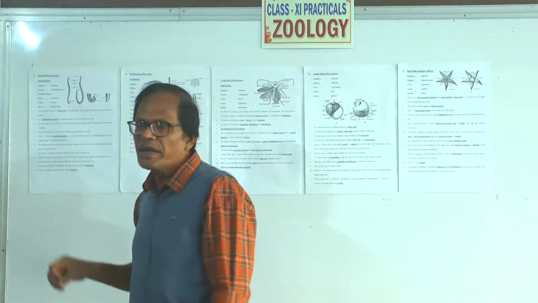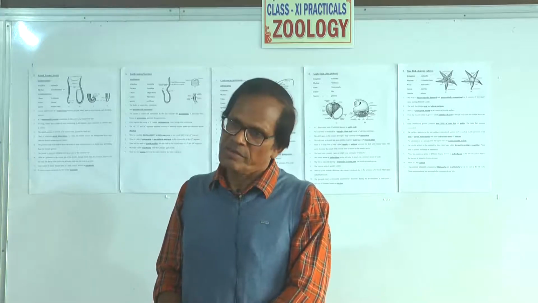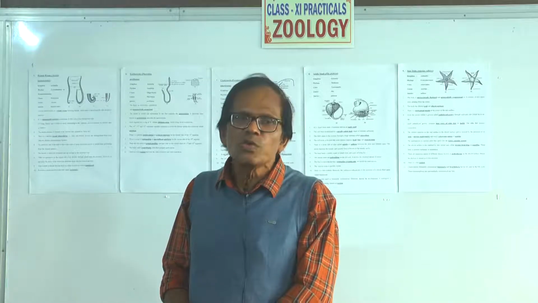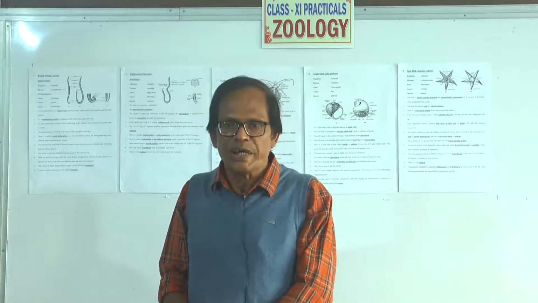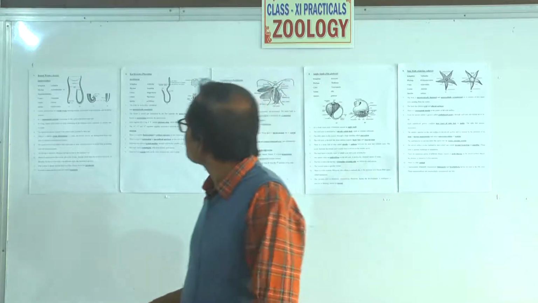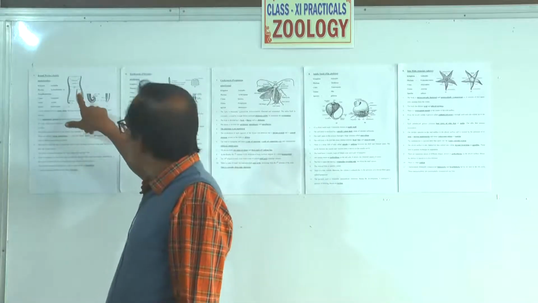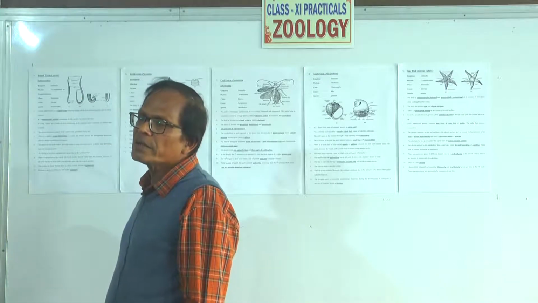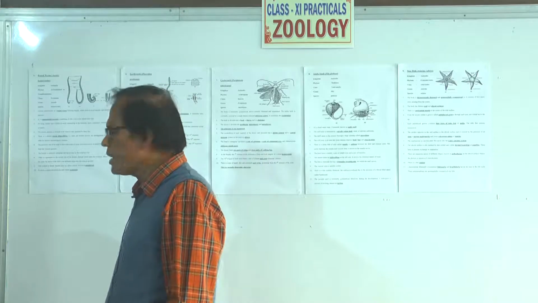But in the male, there is no separate gonopore because the genital ducts and the alimentary canal open into a common chamber or cavity called cloacal cavity. There is no separate gonadal opening in the male Ascaris, while in female there is a separate gonopore.